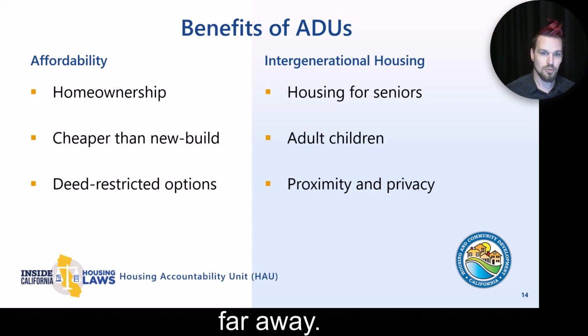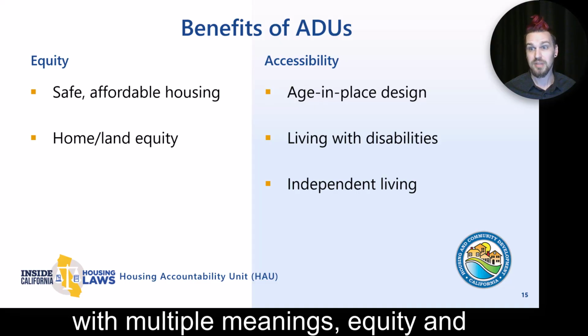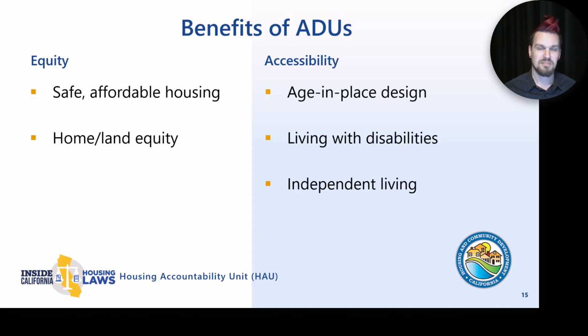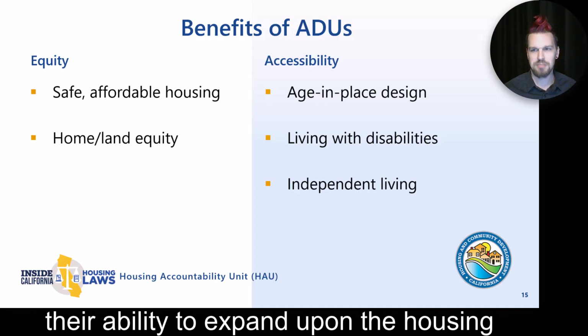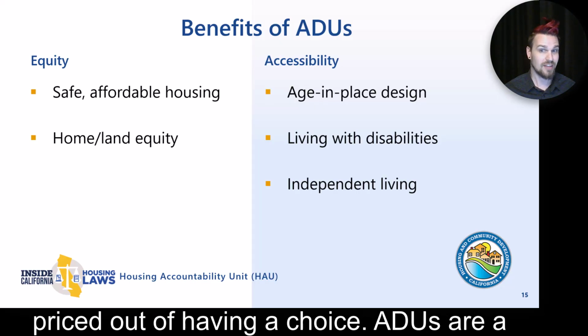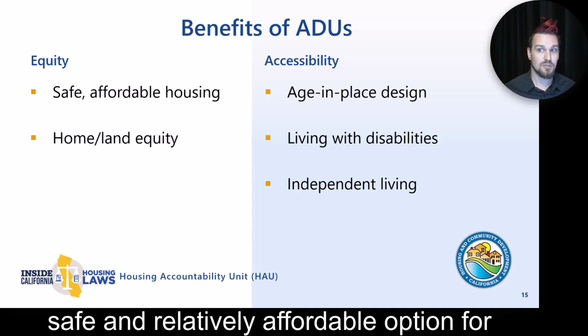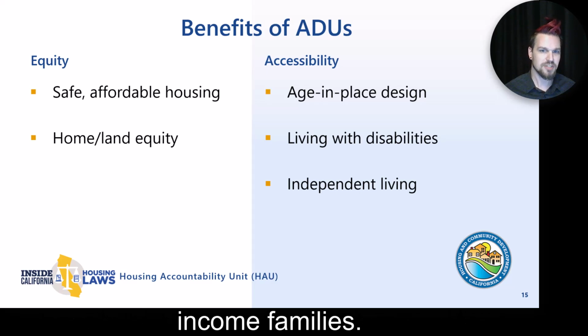On this slide, I'd like to look at two benefits with multiple meanings: equity and accessibility. ADUs provide equity in the social sense in their ability to expand upon the housing options for those who are often otherwise priced out of having a choice. ADUs are a safe and relatively affordable option for people with disabilities, seniors, and low-income families.